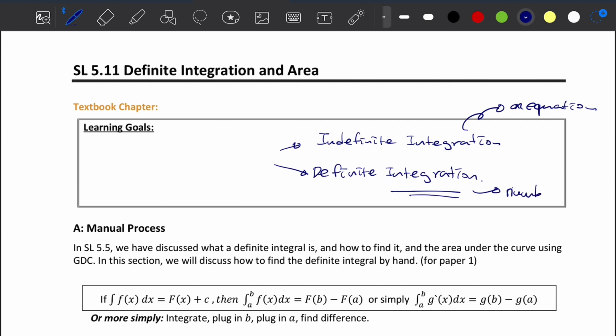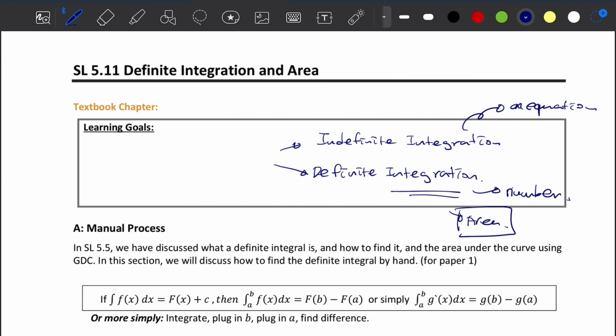One of the ways we can use definite integration is to find the areas between the x-axis and the function, or the area between two functions. So to calculate the area is the main purpose of this section.